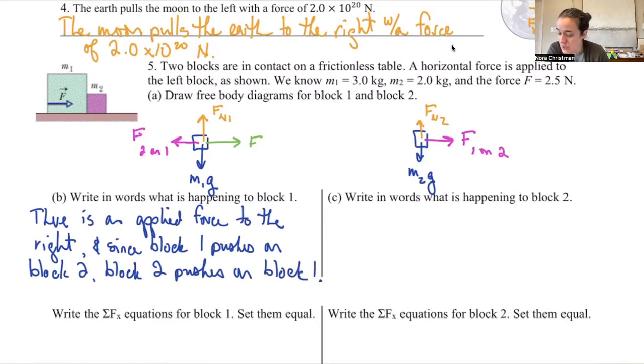And then block 2 only experiences block 1 pushing it to the right.